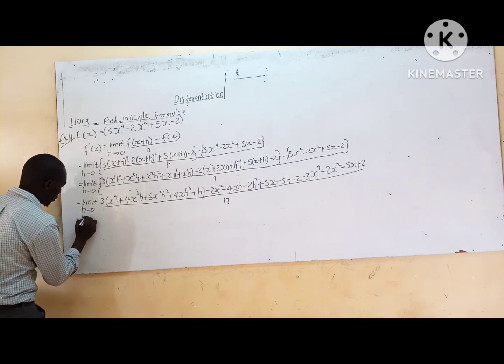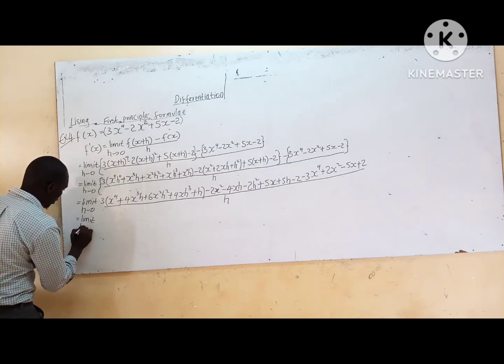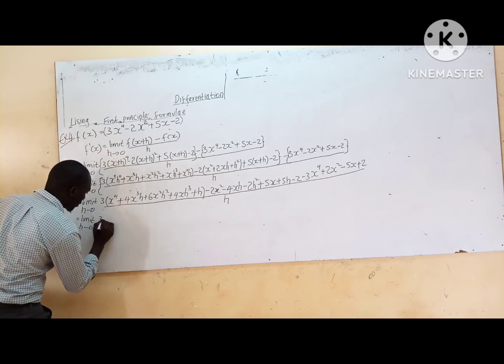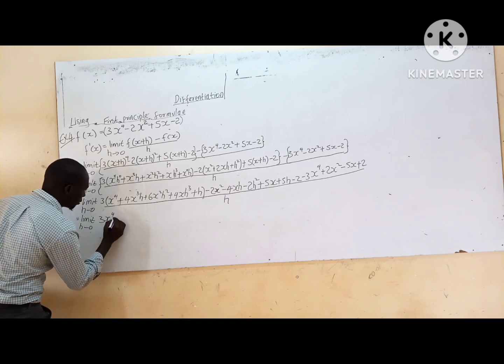We are going to have limit h approaching 0 will be 3x power 4.